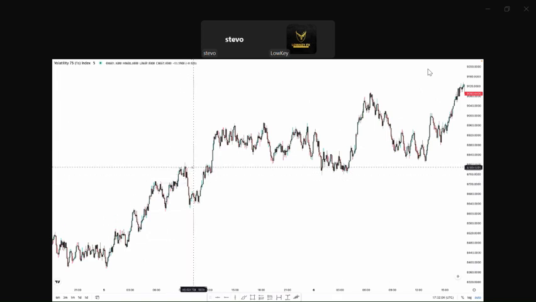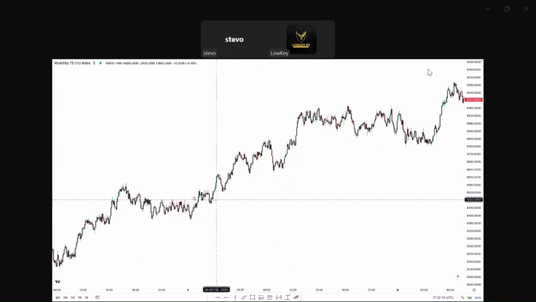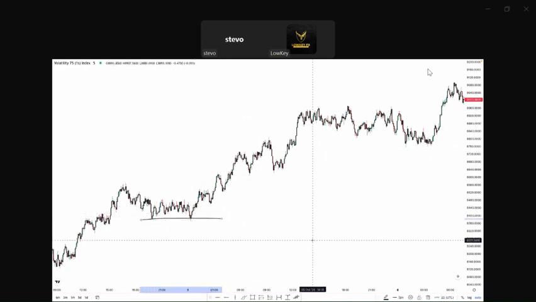So if we try to check out right here, this example isn't that much clear. Let's look for other examples. Right here, we had one among the most lowest structures that gave us a buy trade.